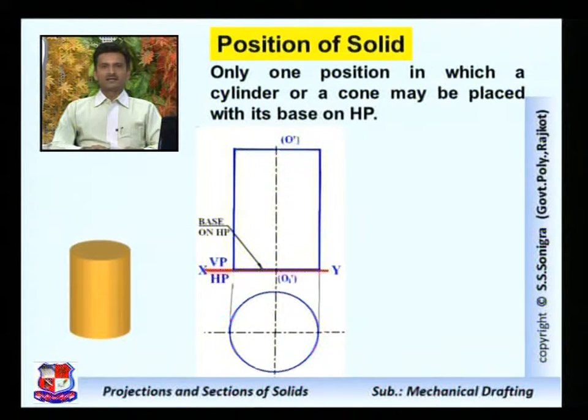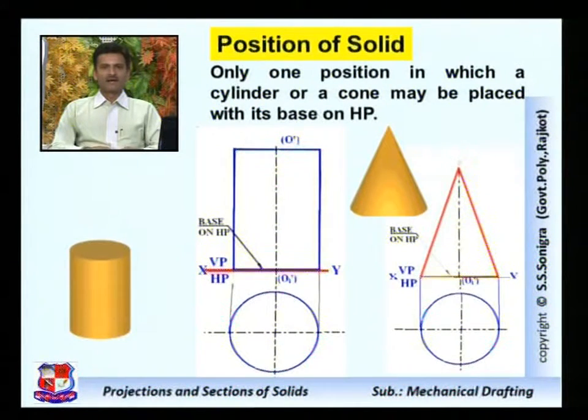Second, the cone. For the cone also only one possibility is there, either resting on HP or resting on VP. If it is given that it is resting on HP on its circular base, then its top view is a circle and its front view is a triangle. The top view is a circle below the XY line, the front view is a triangle above the XY line, and the base is on the XY line.